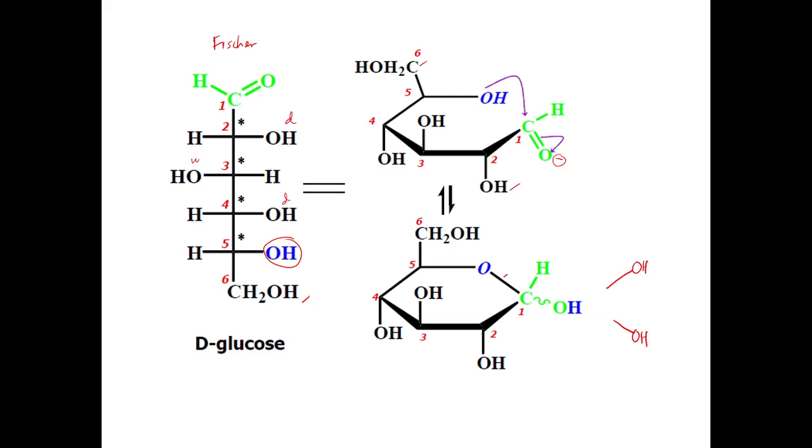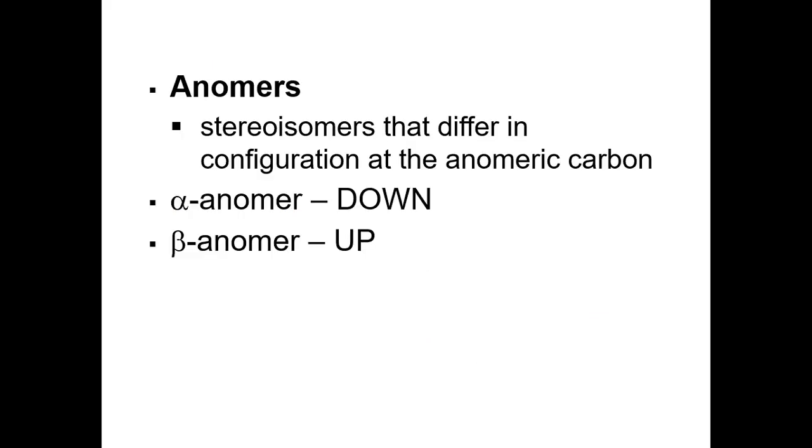So, that's why we represent it with a curvy line. Okay? So, that is the process on how your Fischer projection will be turned into a Haworth projection for glucose. So, magkakaroon naman tayo ulit ng isa pang klase ng stereoisomer, and we call this an anomer.